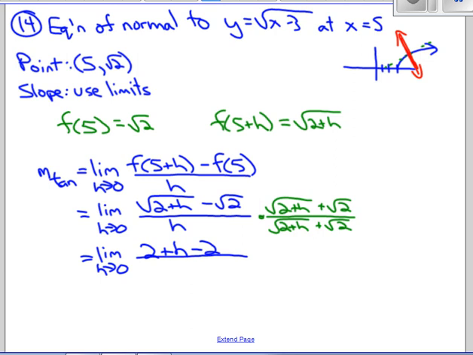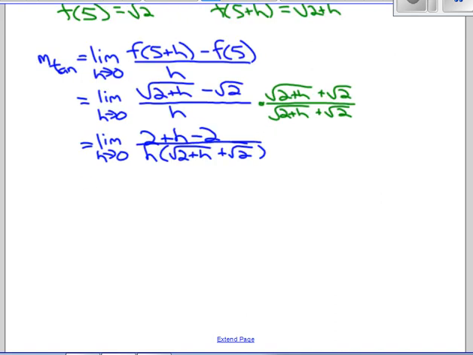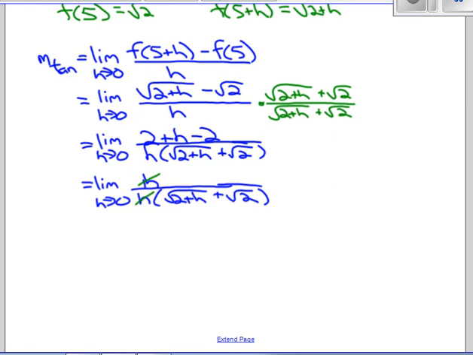And on the bottom, it's going to be h by root 2 plus h plus root 2. Following along, that gives us h up top. And this is where the magic happens. You can finally divide out your h's. Because the problem was that we couldn't substitute. There was an h on the bottom.